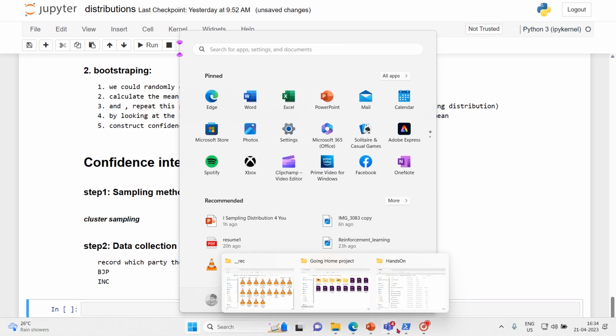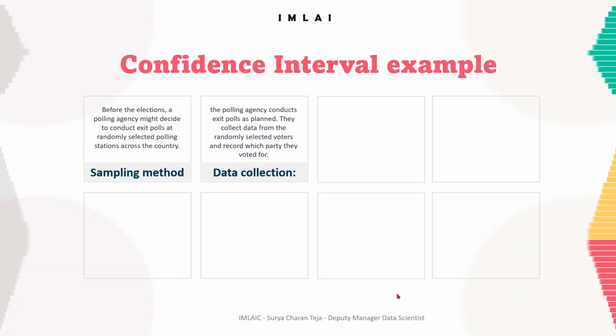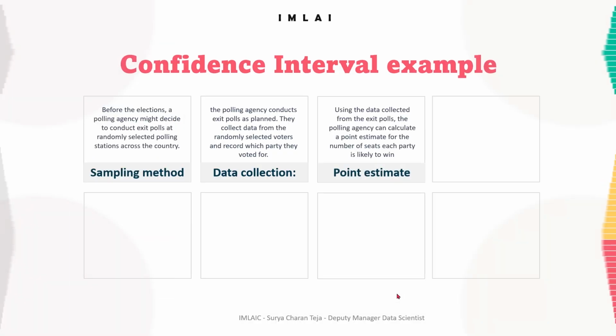What's next? Once data collection is done, now it's time to do estimation. So, point estimate. Using the data collected from the exit polls, the polling agency can calculate a point estimate for the number of seats which party is likely to win.